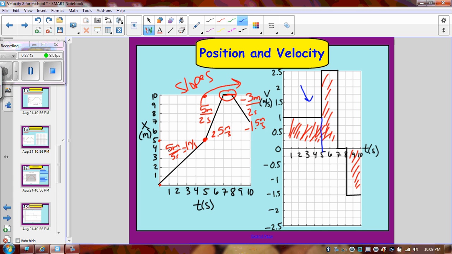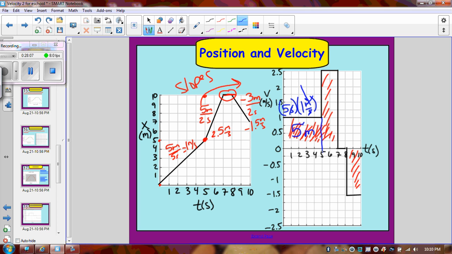them together. This first rectangle is 5 seconds times 1 meter per second. So let me write this out. 5 seconds is the base, and the height is 1 meter per second. The seconds cancels out, so you'll be left in meters. So the area of this rectangle is 5 meters.